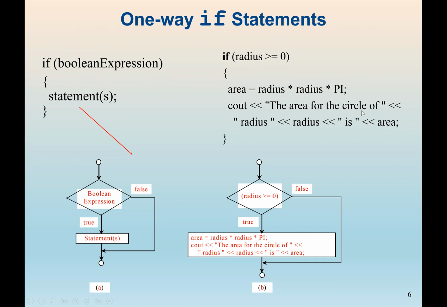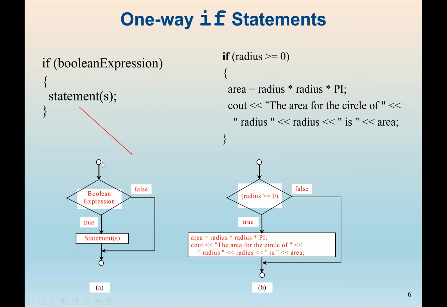So the area for the circle of radius is whatever area we have. So here we have a condition so that if the user enters a negative value, we will not find the area of a negative value. But in the previous Unit 2, whether the user entered a positive or negative value, we were still going to compute.